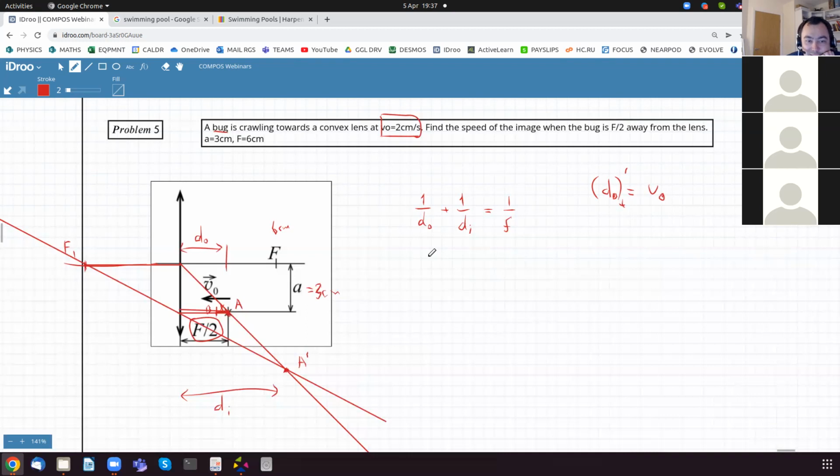And I'm gonna rearrange this because I need the speed of the image. The speed of the image, vi, is the derivative of the distance of the image. But that's only the horizontal speed. This is the horizontal speed of the image, not the vertical speed.